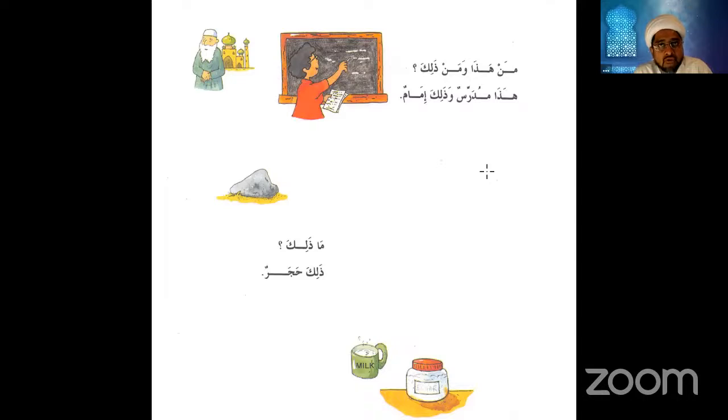So I can make you join book 2 or book 3. Message me after the lesson, because you've done some basic verbs and basic nouns, and inshallah I can assist you and join you into those other classes.